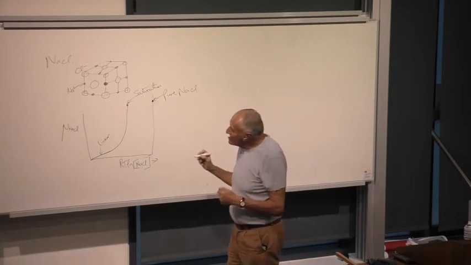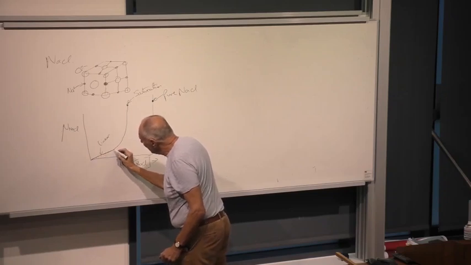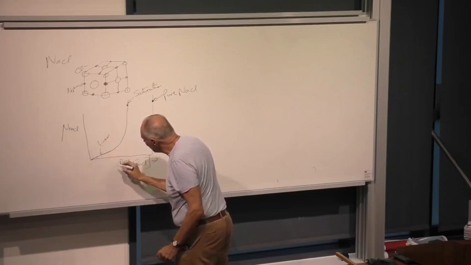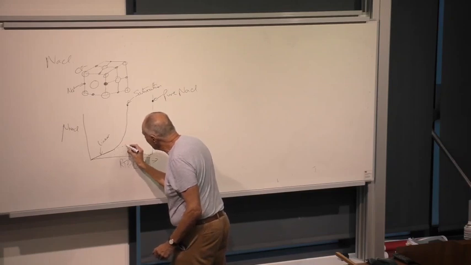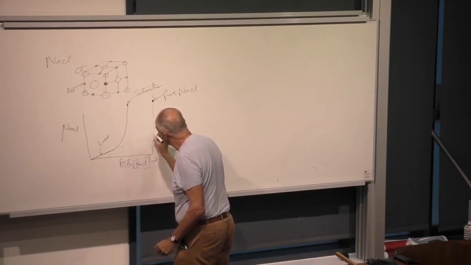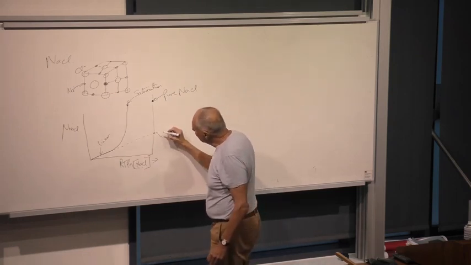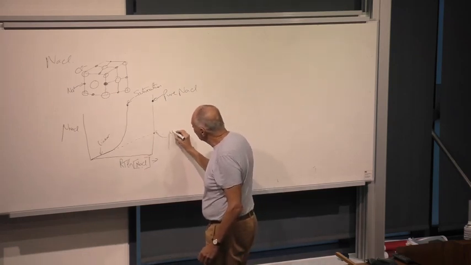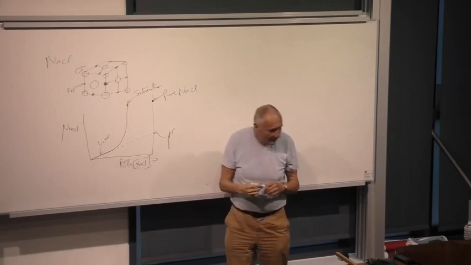What we do is we take advantage of this linear region in which chemical potential is a linear function of concentration, and we extrapolate it to 1. And we say, let that be mu 0. Okay?